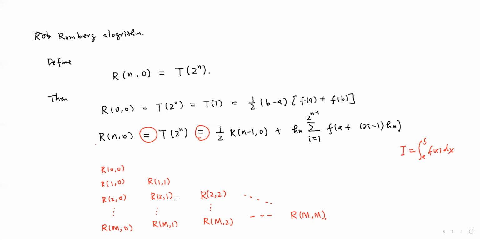Now how to compute? The entries in the first column are computed by the equation here. Then how to compute the remaining entries in this array? The formula is here. The remaining entries in that triangular array are computed by this formula.